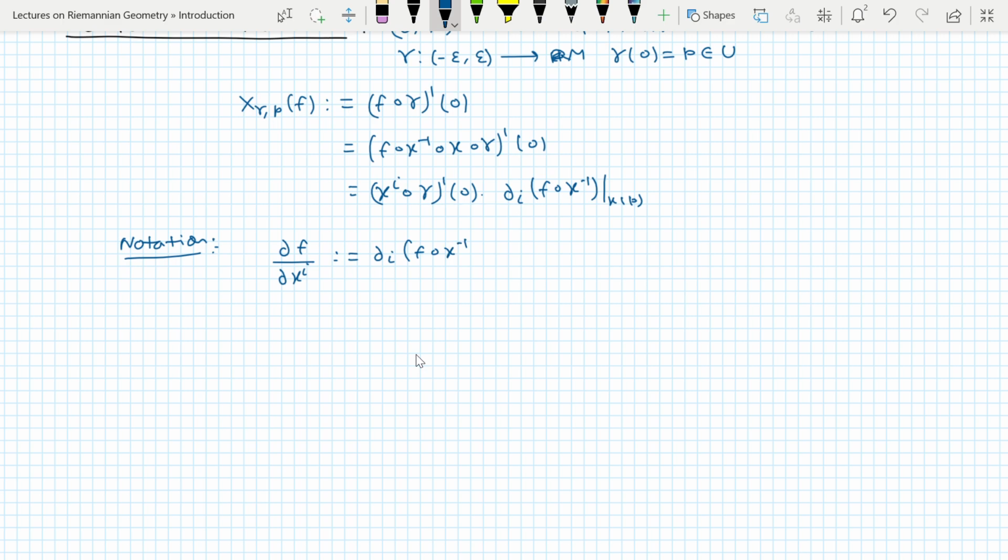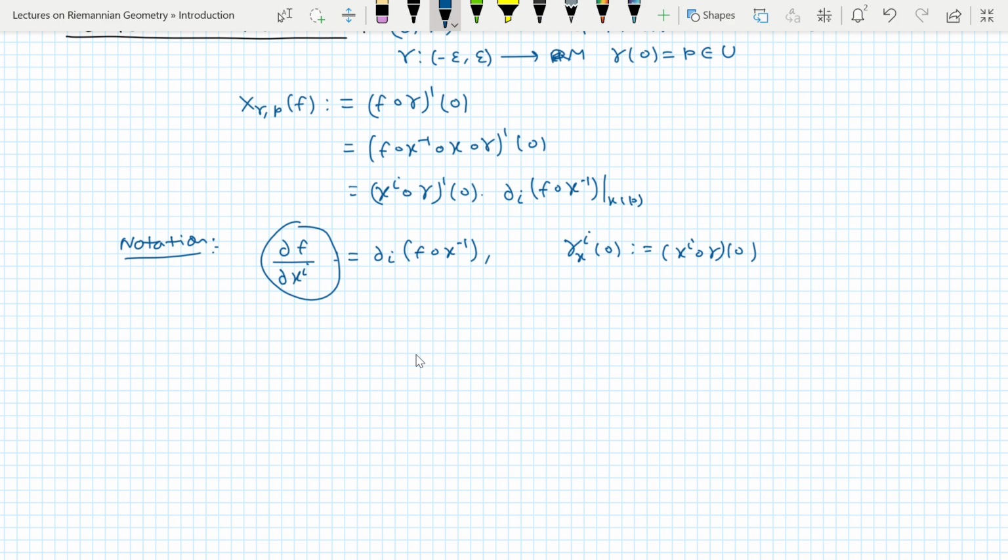So this is the notation for this thing, del i f of x inverse. And similarly, you have this notation for the other one. But mostly I wanted to talk about this notation, del f over del xi.